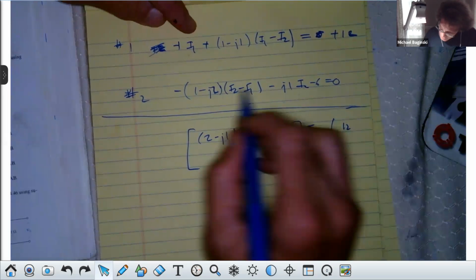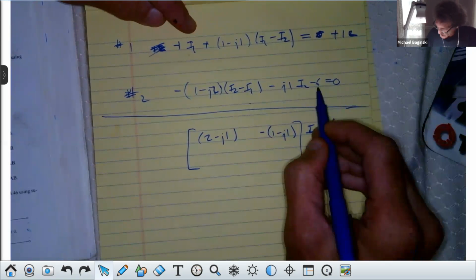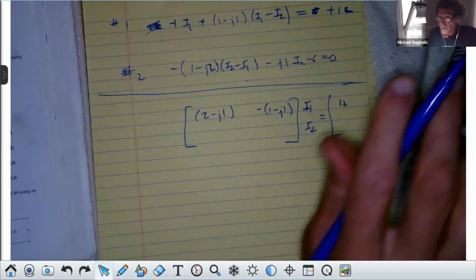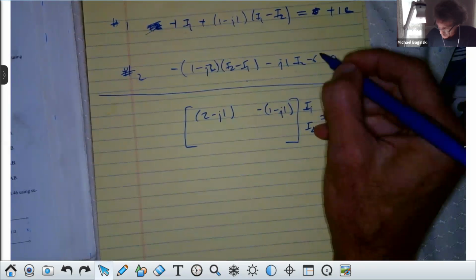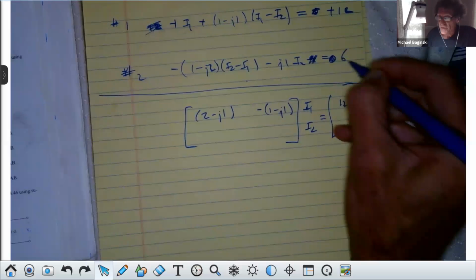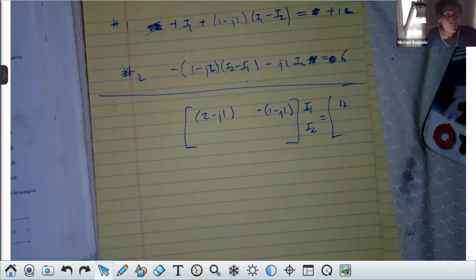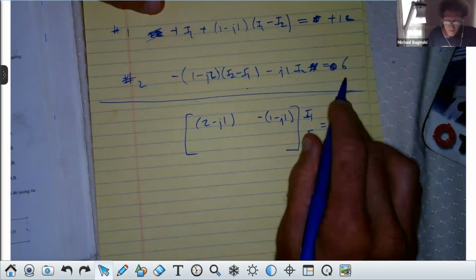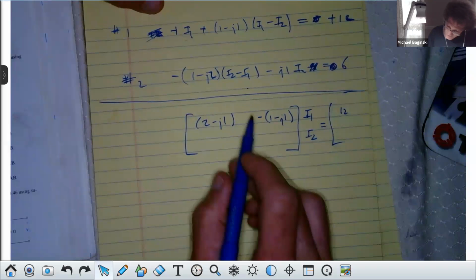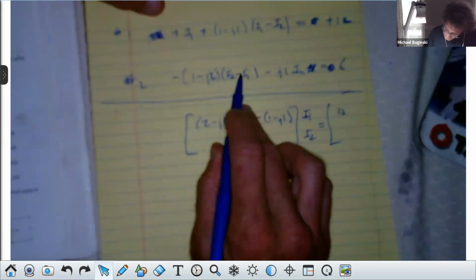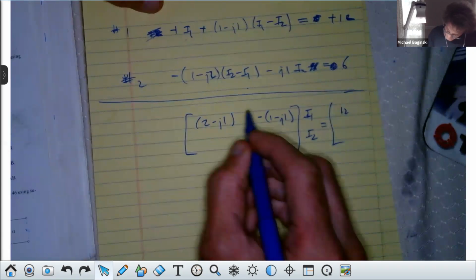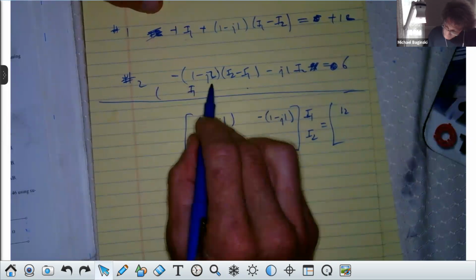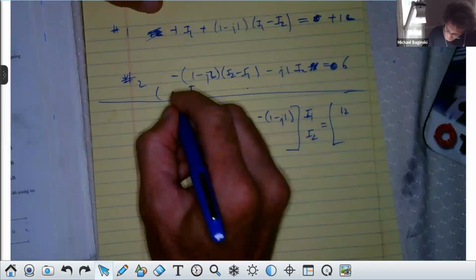Now for the second equation, I'm going to take the 6 to the other side. Can you all see what I'm doing here? It's just organizing. The 6 goes to the other side, plus 6. Now I'm going to organize things. I have I1 here, and a minus times a minus is a plus, so the coefficient would be 1 minus j2.